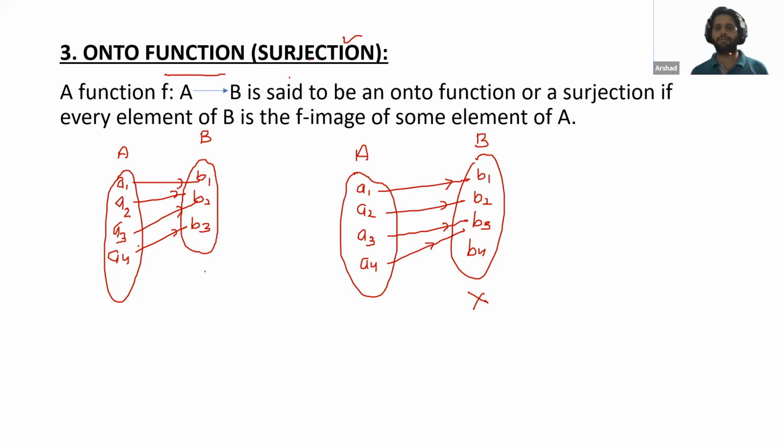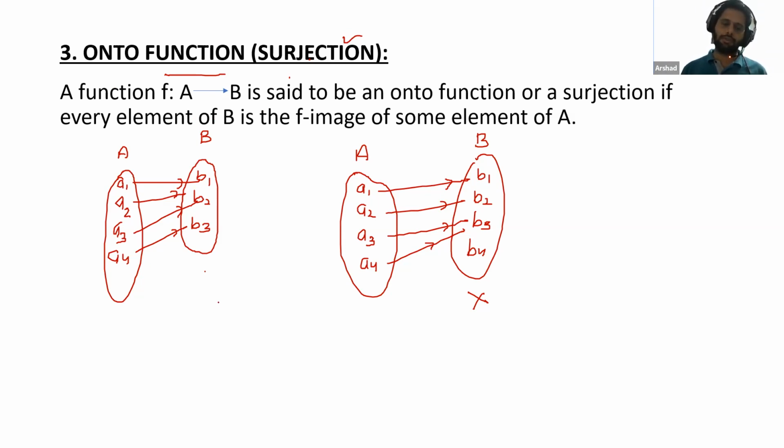Okay, very good. So please remember, for onto function, all the elements inside B should have their pre-images.